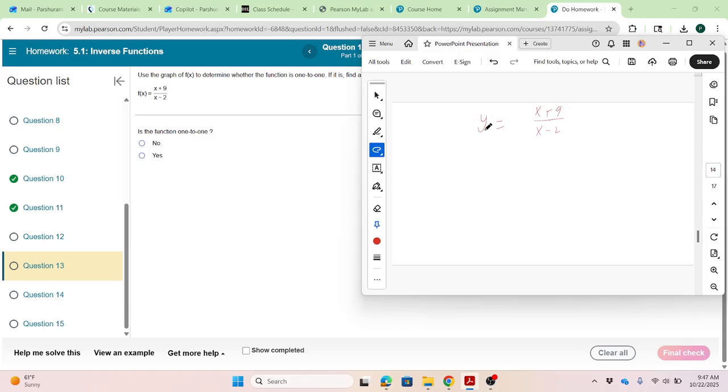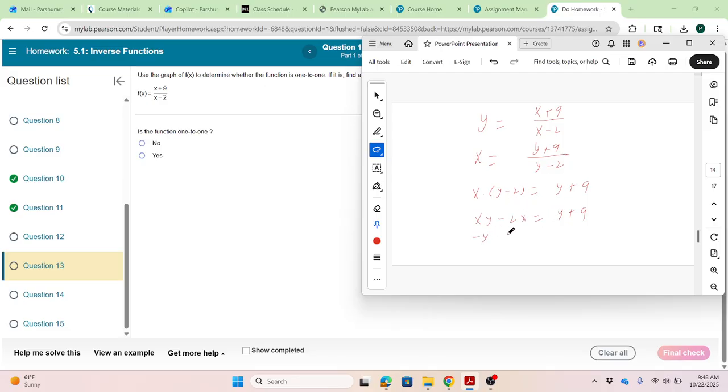Switch y by x and x by y, and solve for y. So multiply both sides by y minus 2, and then distribute the x. Now bring all the y's to the left and all the x's to the right.